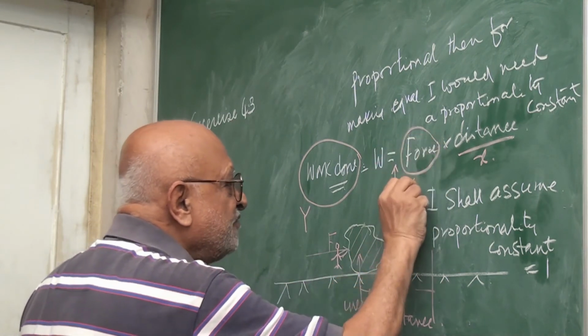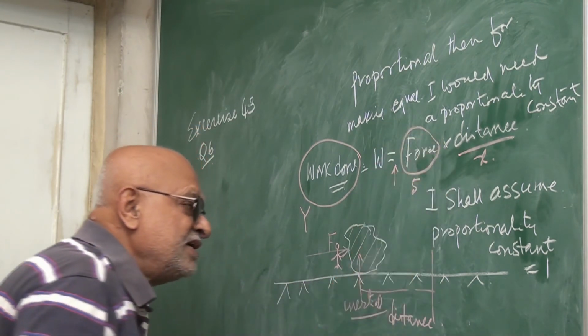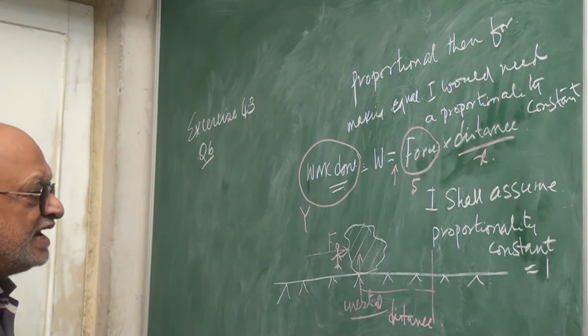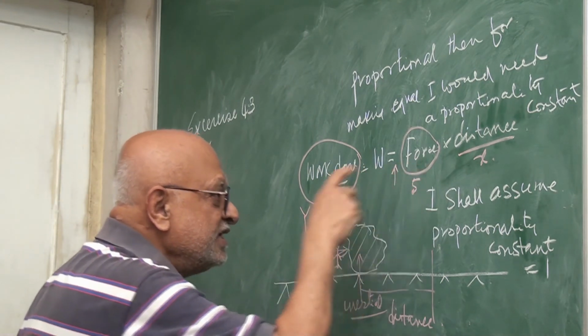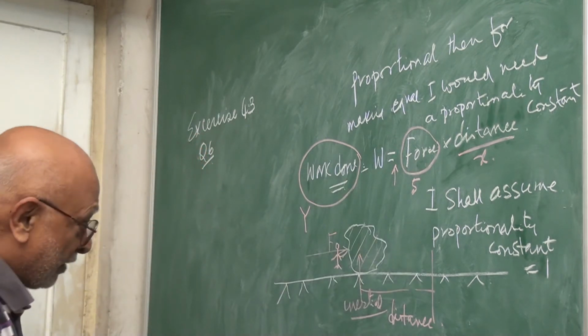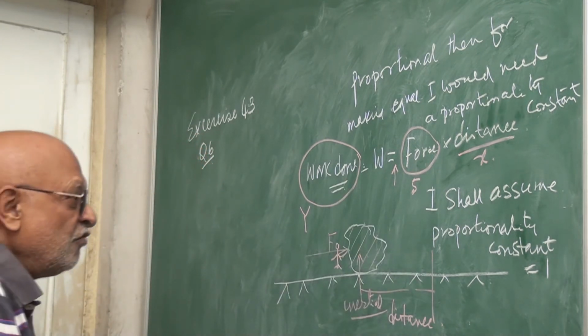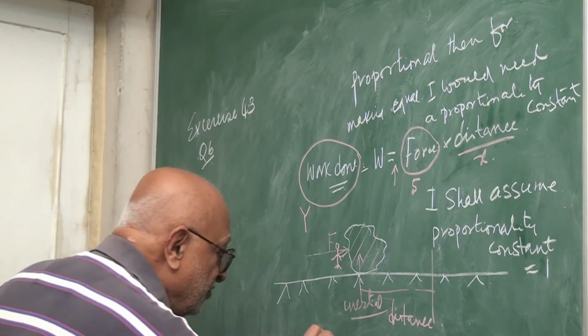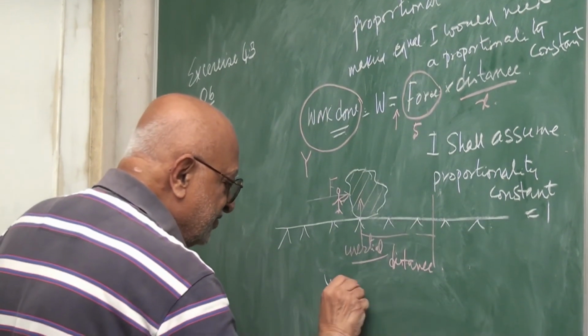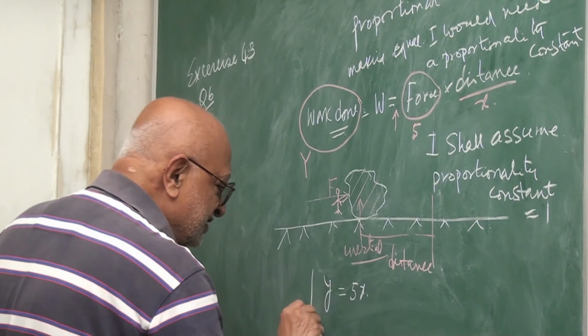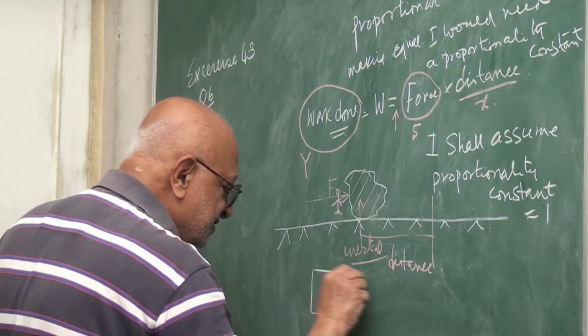It is a constant force; the question says this force is constant, it doesn't vary, and its value is 5. In that case, y would be equal to 5 into x. So this is your equation, 5 into x.